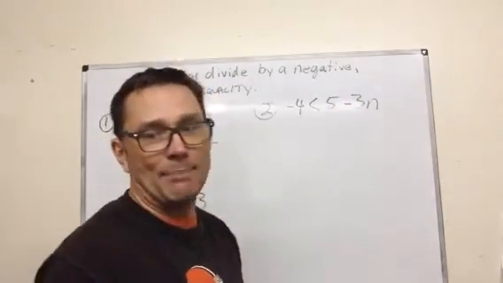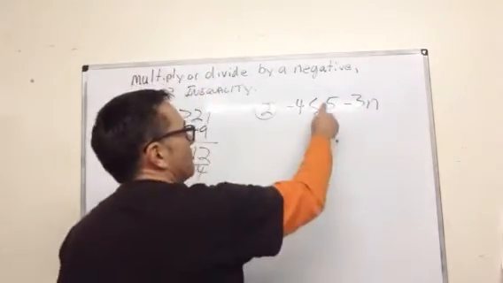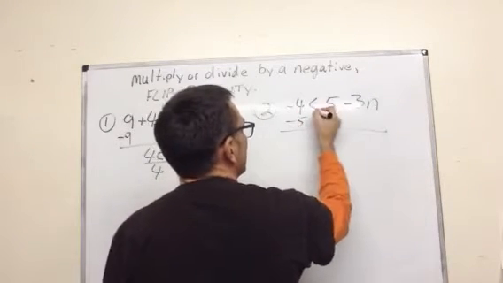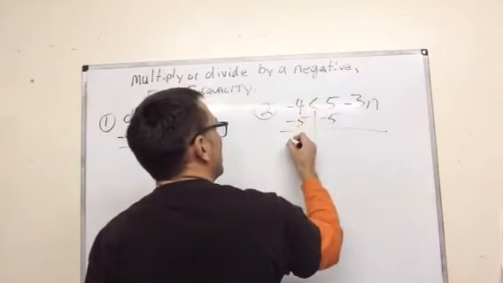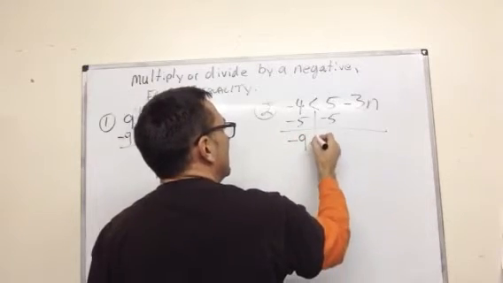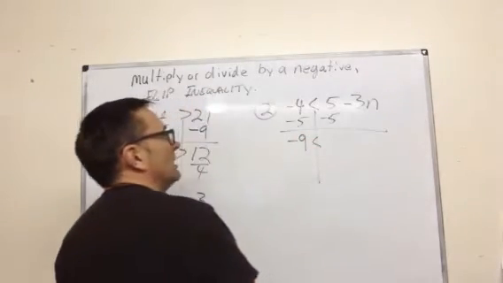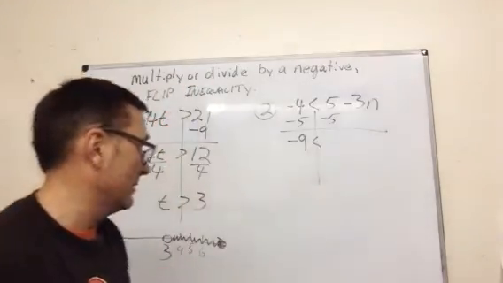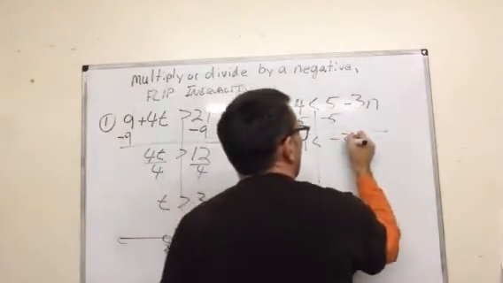So we have to add opposites. The opposite of 5 is -5 to both sides. -4, -5 is -9. Keep the direction of the inequality because we added opposites. We did not multiply or divide. Copy down -3n.